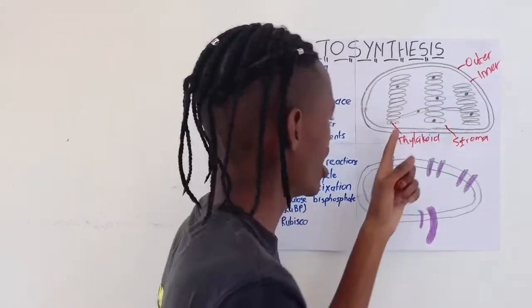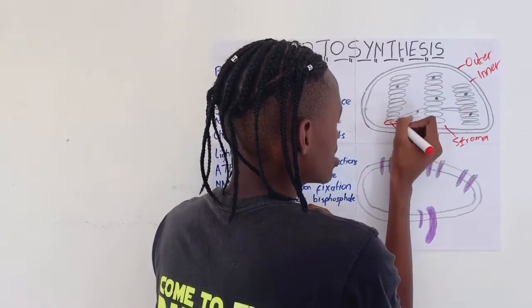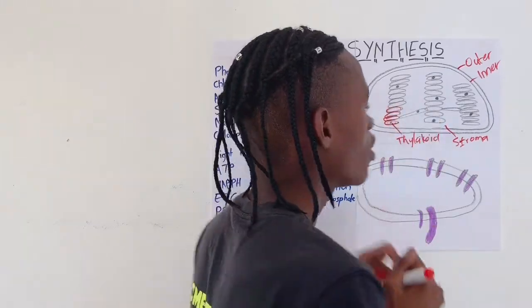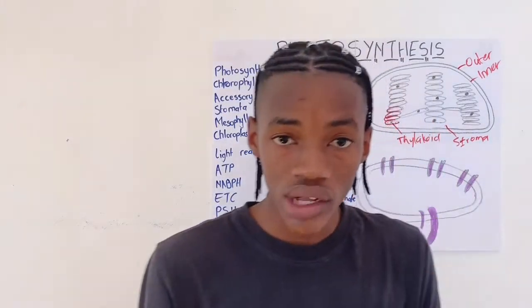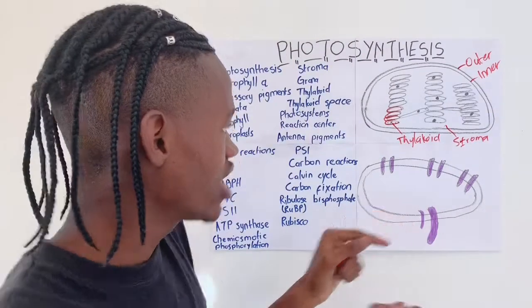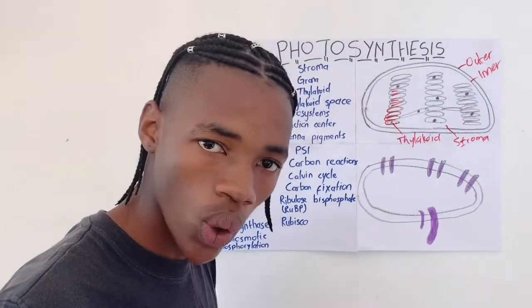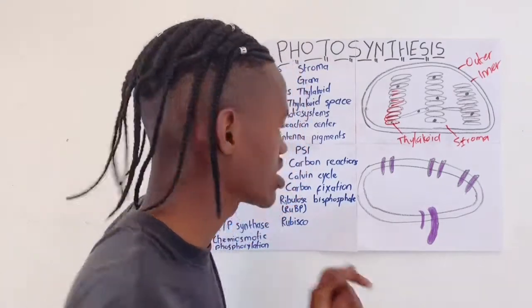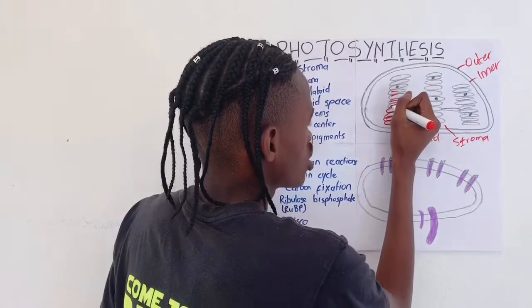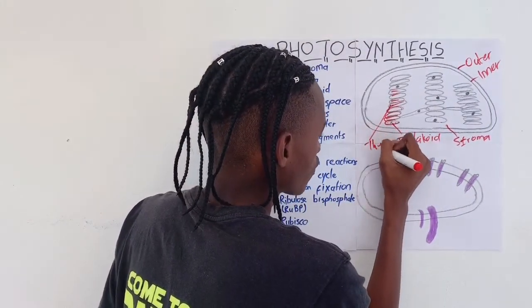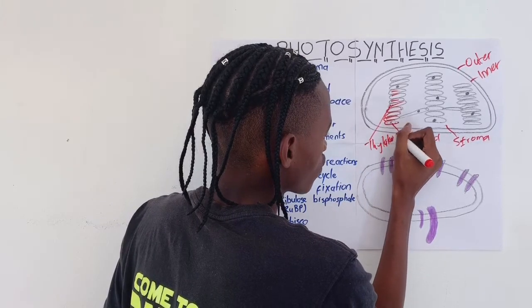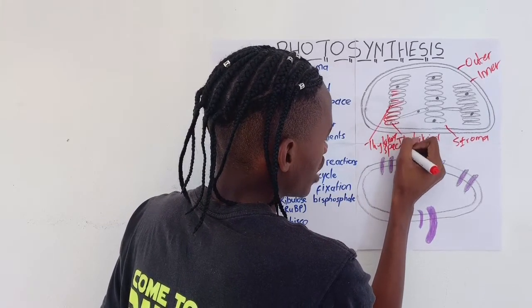Each and every one of these things over here, we call thylakoids, right? And then inside you can see that there's space inside of them. This space is called the thylakoid space. Excuse my handwriting.